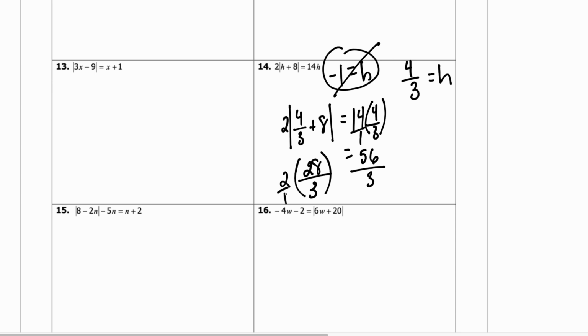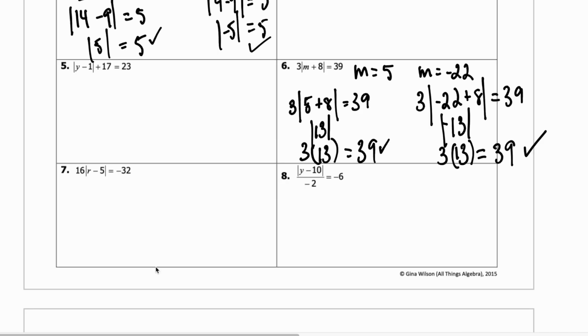Well, 2 times 28 is in fact 56. So now I have 56/3 equals 56/3. And that makes sense. That checks out. So in this case, the only solution set we have is 4/3.